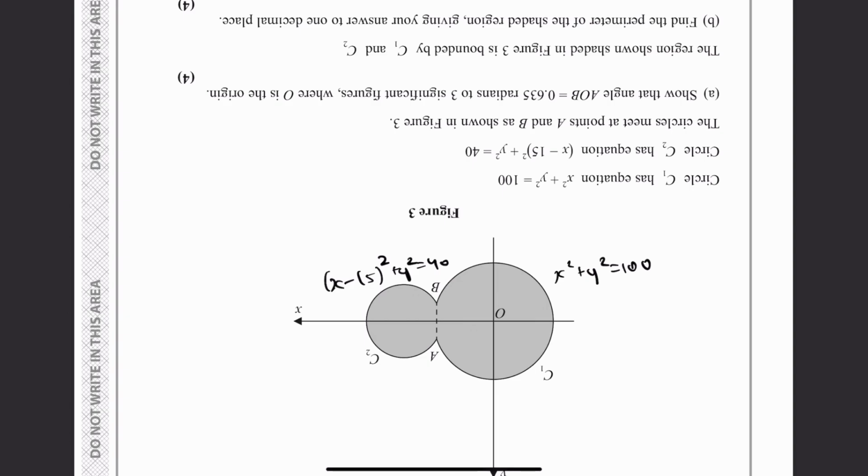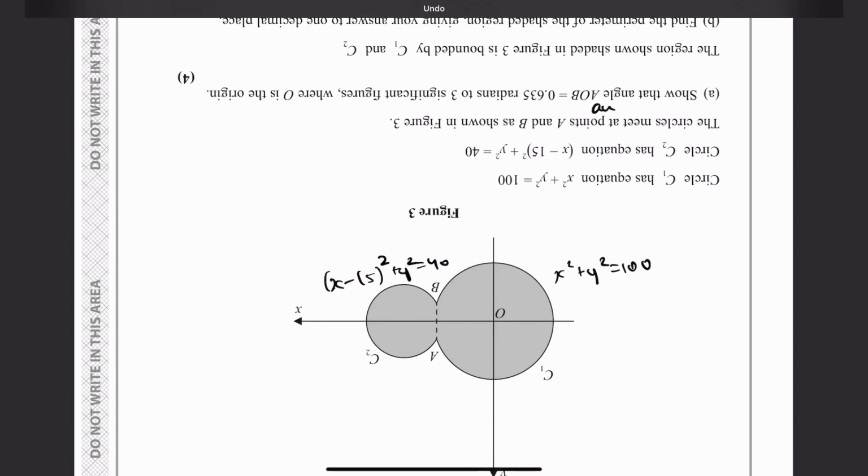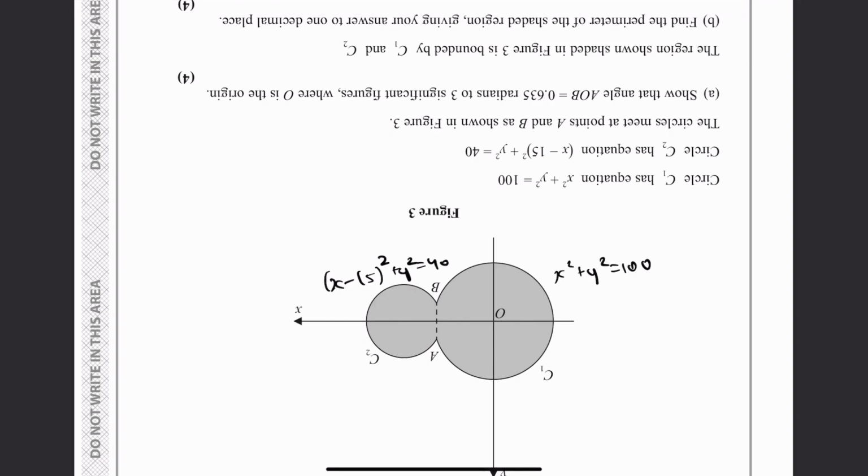Show that angle AOB is equal to 0.635 radians to 3 significant figures, where O is the origin.